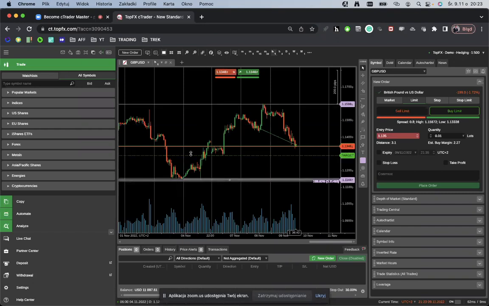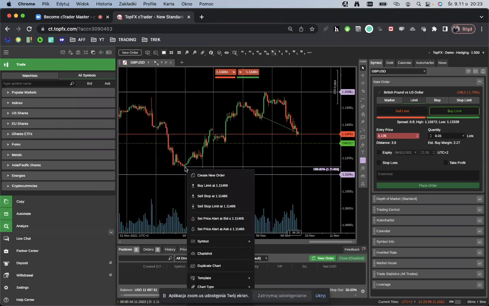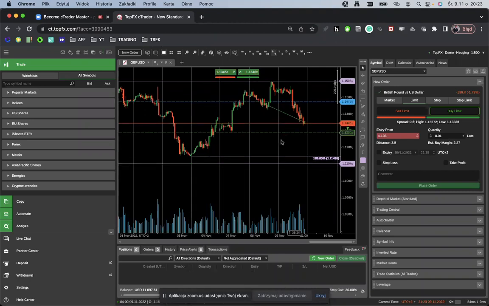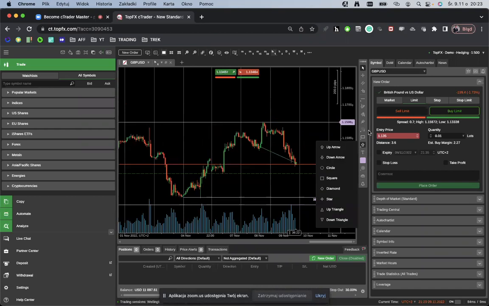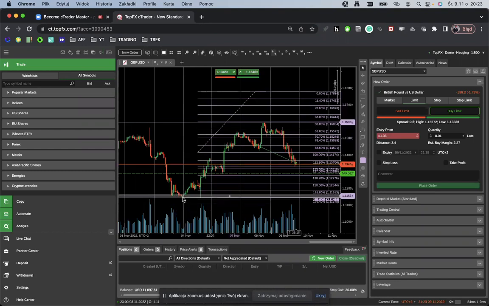Basically, I got 2 lines here, so it might be a little bit confusing. So this line here, let me draw the Fibonacci retracement once again. Okay, now that's better. This is, of course, our bottom.